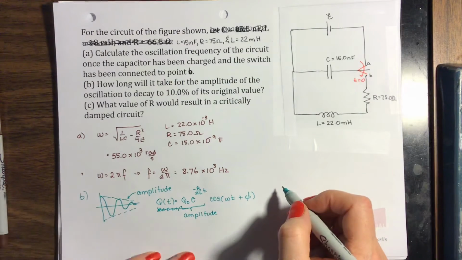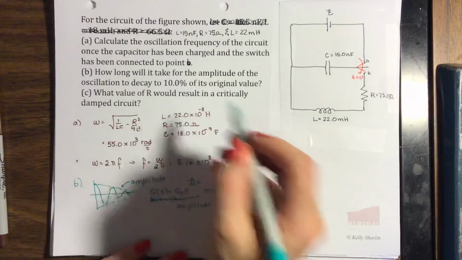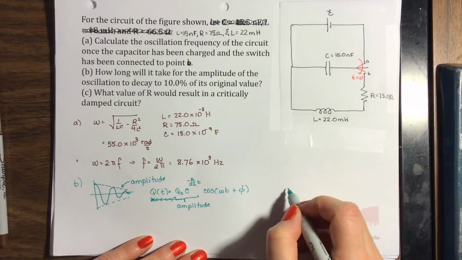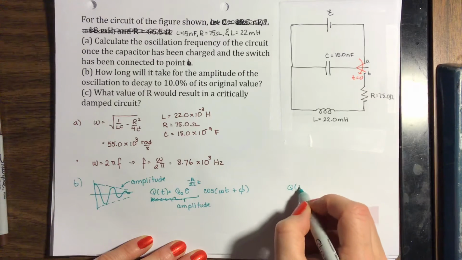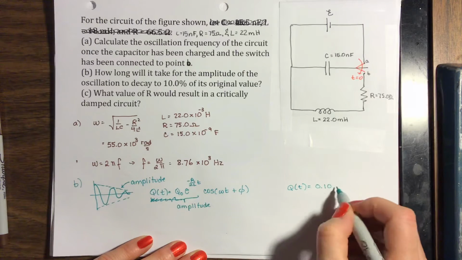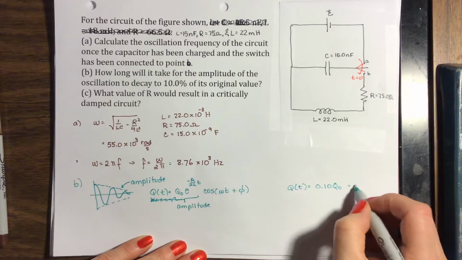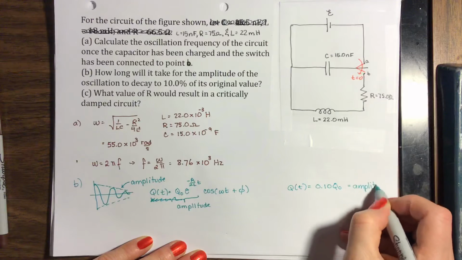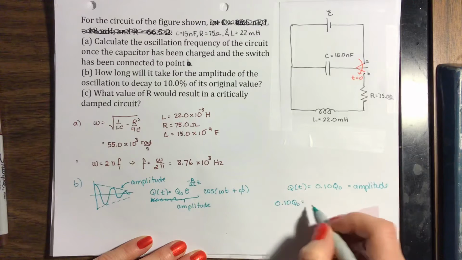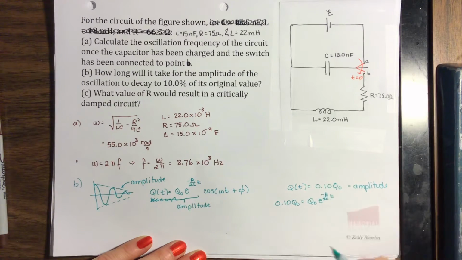So what we're trying to solve here is when our charge is equal to 0.1 times the original value. So for our amplitude expression, Q of t equals 0.10 times Q0. So that's the new amplitude. So we'll say 0.10 times Q0 equals Q0 times e to the minus R over 2L times t.